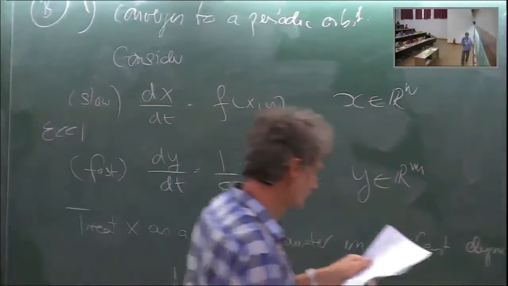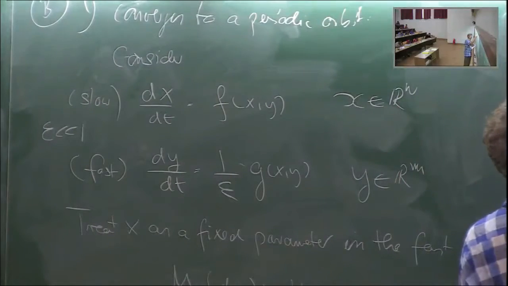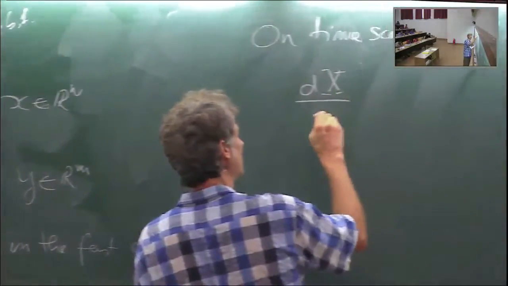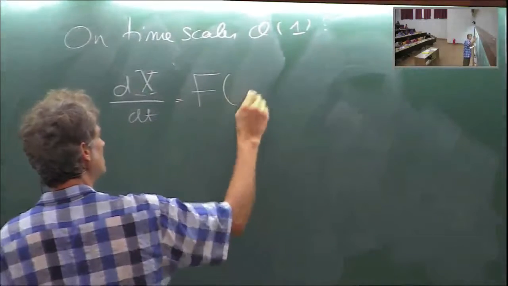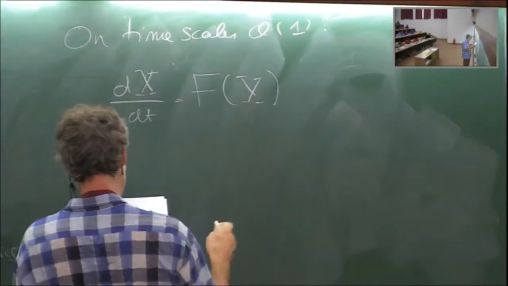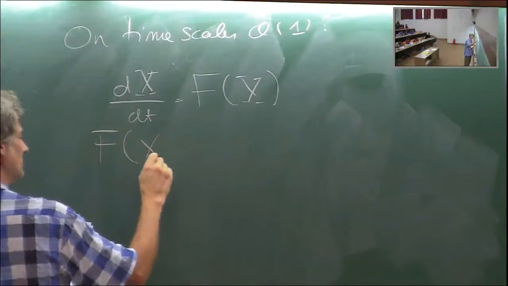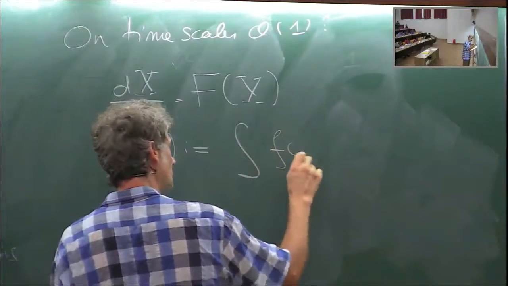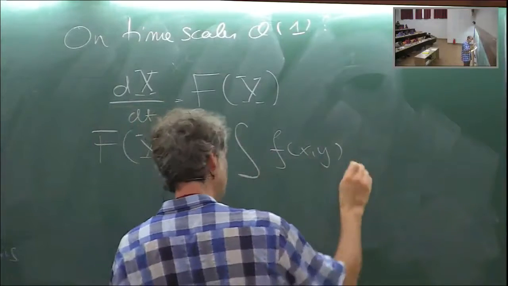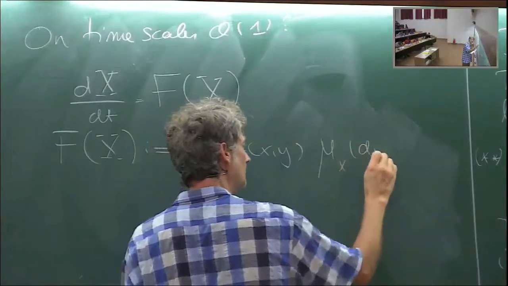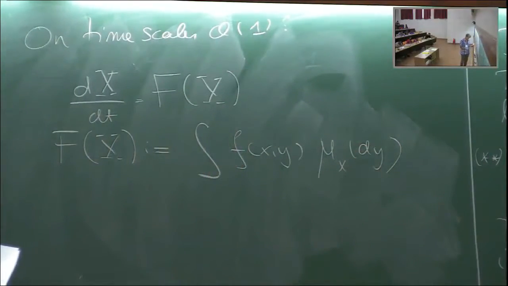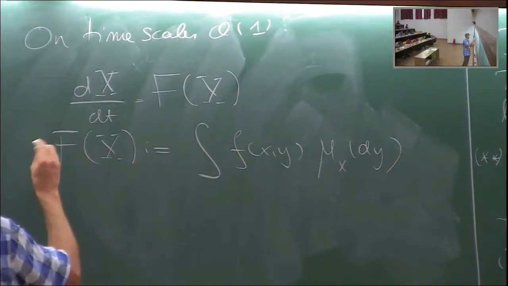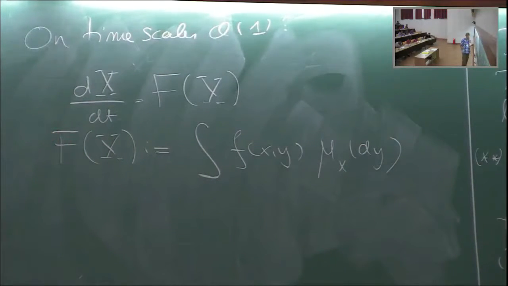Okay? So you can show that the average system dx/dt equals f bar of x, where f bar of x is now the average of the slow vector field over this measure induced by the fast dynamics.